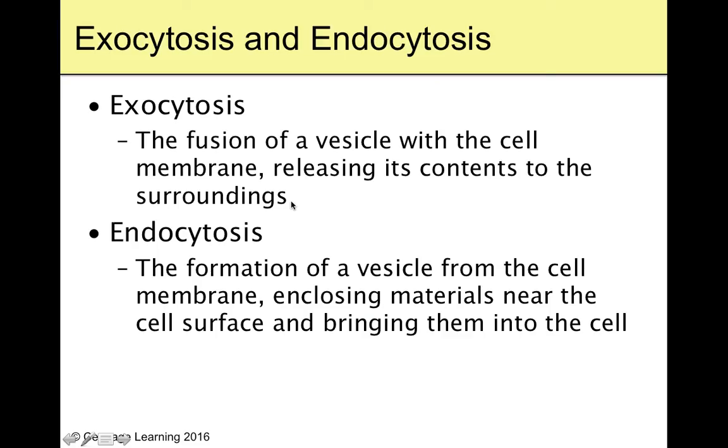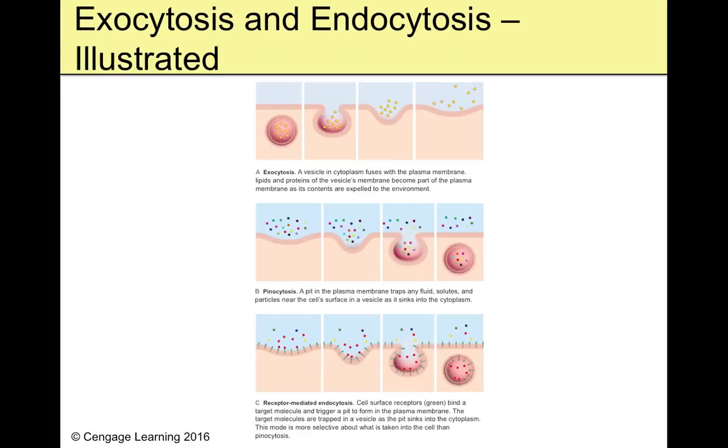And that's it. So endocytosis is the exact opposite within the cell. So we form a vesicle from the cell membrane, and we enclose these materials, like maybe some food or something good that we need in the cell, and we bring that into the cell. Those are the 2 big types of transporting something within a membrane that's large.